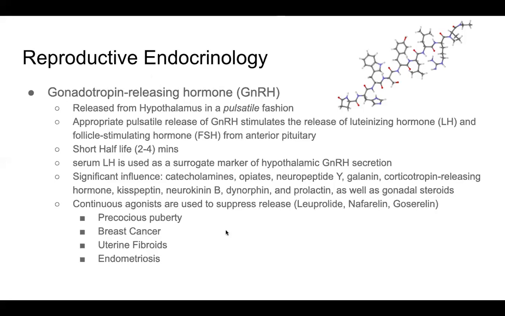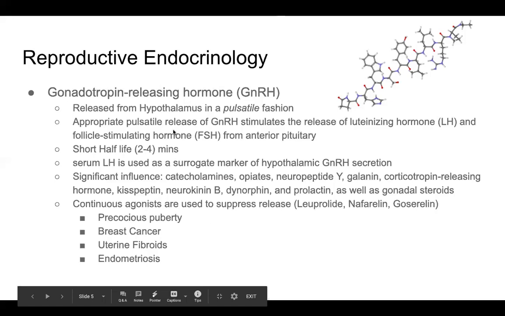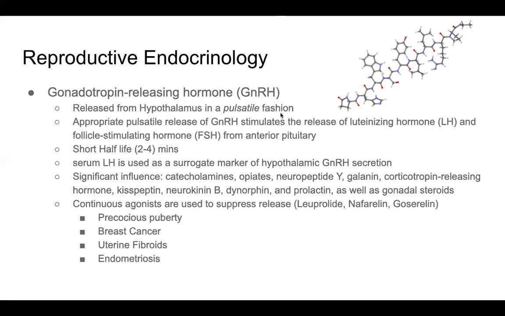So then, kind of like we talked about before, if you mess up or disrupt this pulsatile fashion released from the hypothalamus in its normal physiologic state, you suppress the release of estrogen and progesterone, which you can do with any of these 3 drugs.